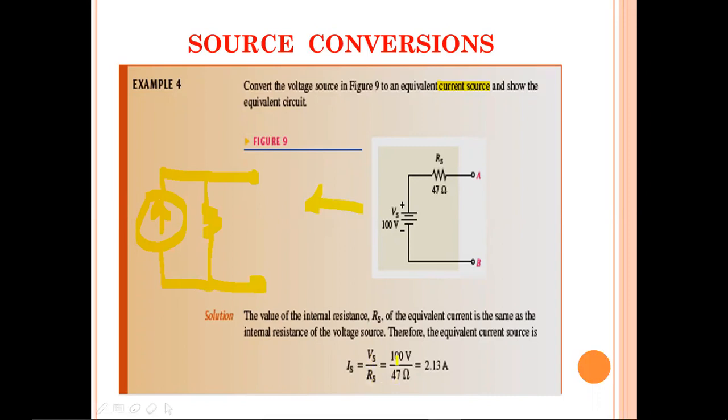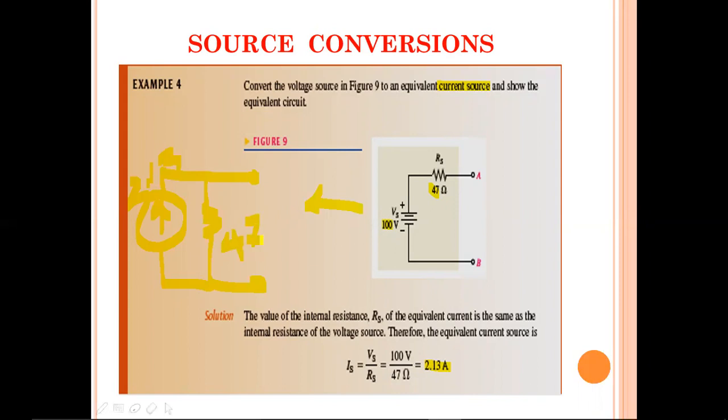VS is already given as 100 volts and RS is 47 ohms. Then you will get 2.13. The value of this current source is 2.13, and the resistance is common, that is 47 ohms.